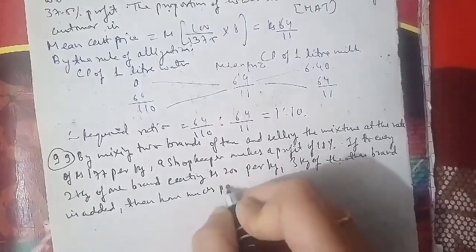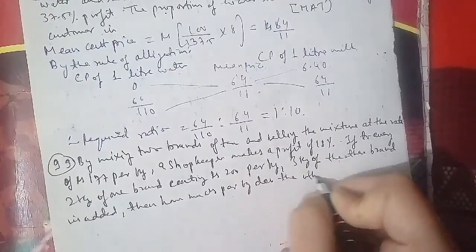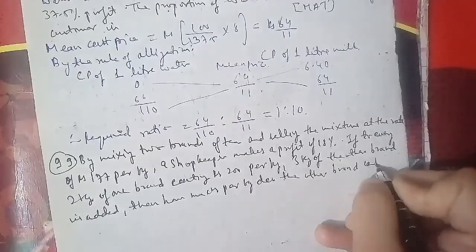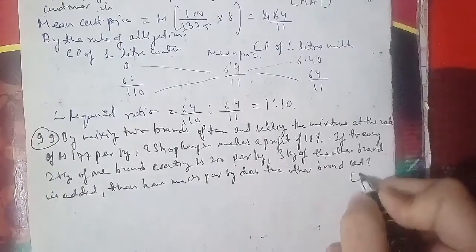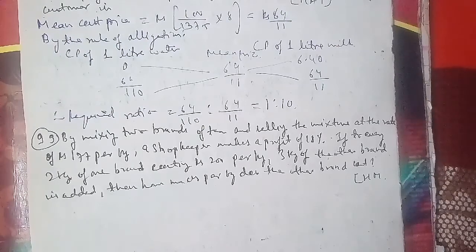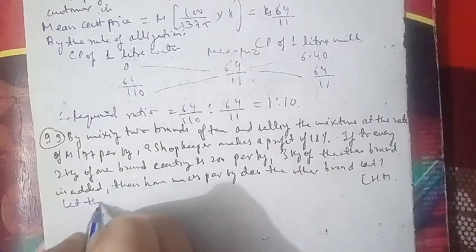The cost price of 5 kg equals rupees 2 into 200 plus 3 into x, which equals rupees 400 plus 3x.